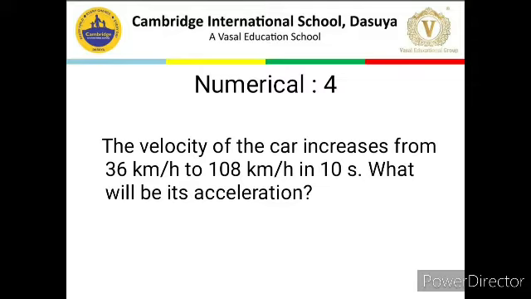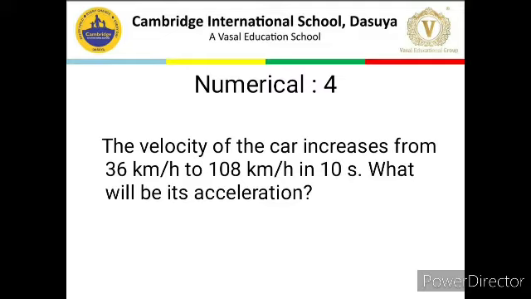This acceleration is going to be positive for sure, because the velocity increases. If the velocity decreases, your answer will be negative. If it is increasing, you are going to get a positive answer. Then it is increasing from 36 to 108. Kilometer per hour is the unit, so we have to convert it into the standard and then do it.